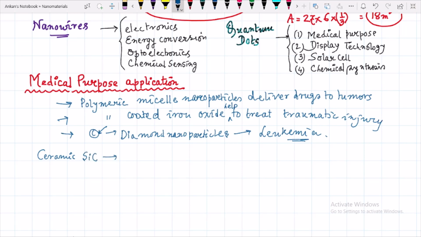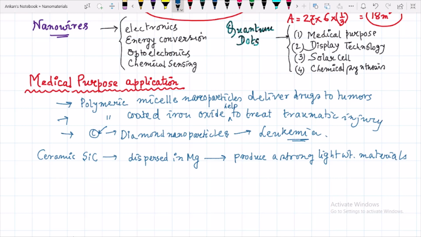Ceramic silicon carbide can be dispersed in magnesium and it produces a strong lightweight material, which helps to provide a barrier to gases, which helps in the protection of food or other materials from moisture. Okay, so this is an important thing.